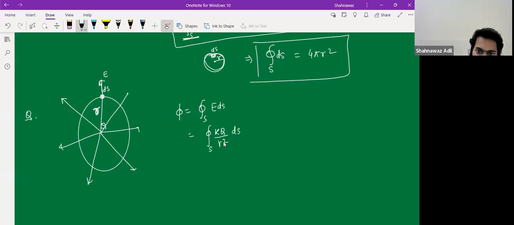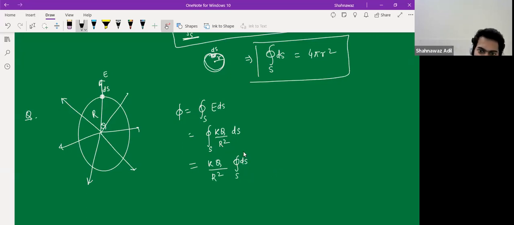This r is constant, so these are constants, and I can take them out of the integral. Understood? And this is ds.